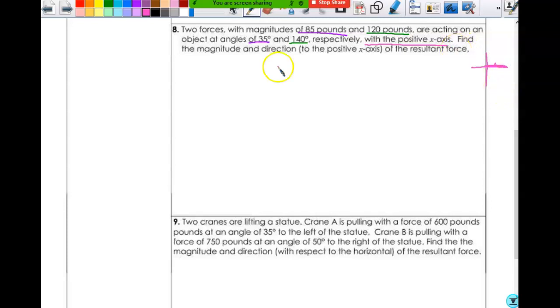Then it says find the magnitude and direction to the positive x-axis, which again means theta, right? So I don't have to worry about bearing or whatever. The angles that they gave me are the angles that I get to use. So for this first vector, my magnitude is 85 times the cosine of 35, and then 85 times the sine of 35.